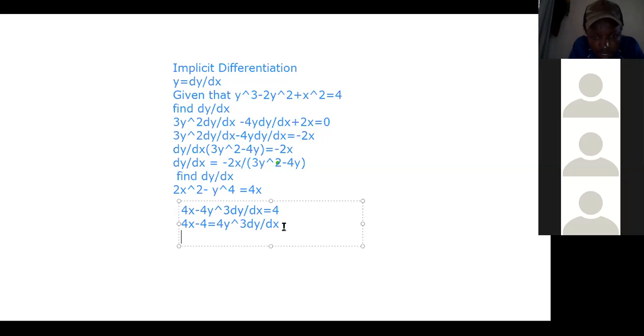So then we are going to get dy/dx is equal to 4. This we can factor: 4 into bracket x minus 1, over 4y cubed.